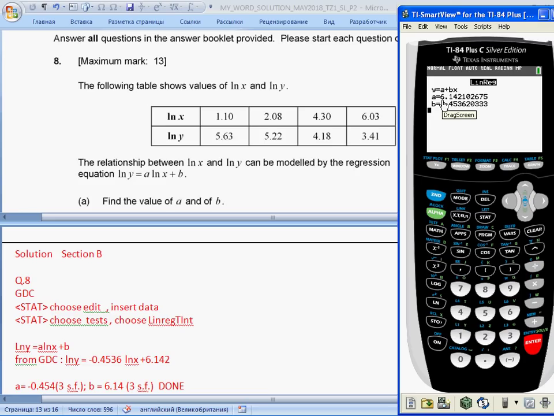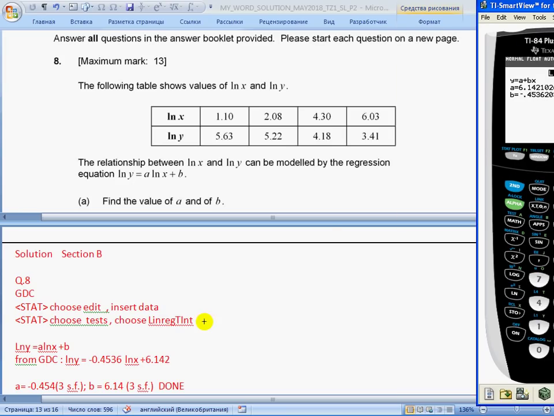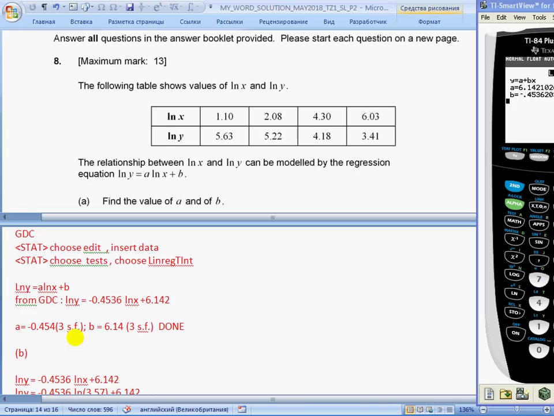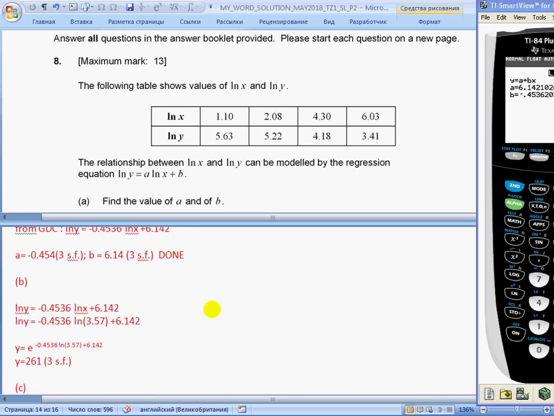But be accurate here, because A and B are confused. So the constant is minus 0.453, and B is 614. So we copy these values with 4 significant figures, and when we give the answer, we give 3 significant figures.